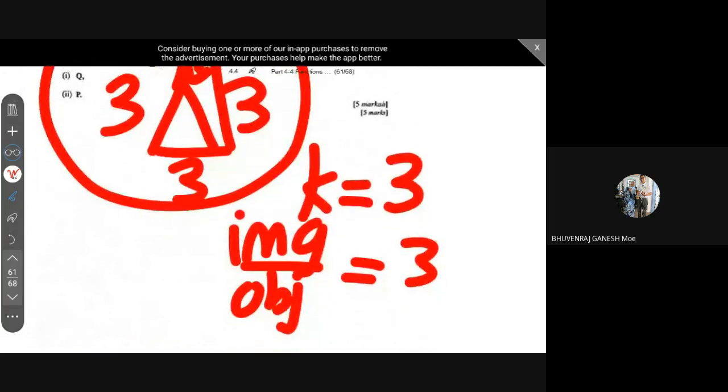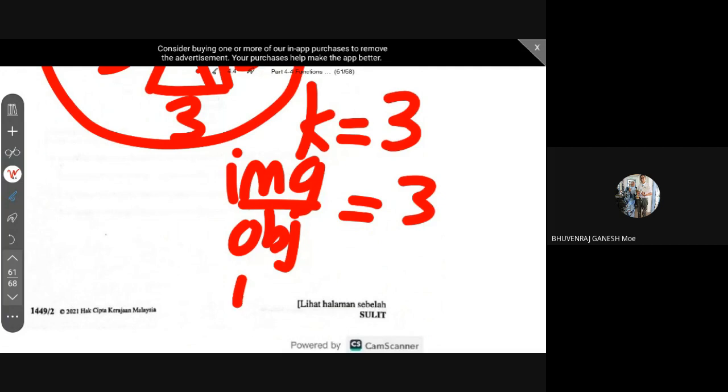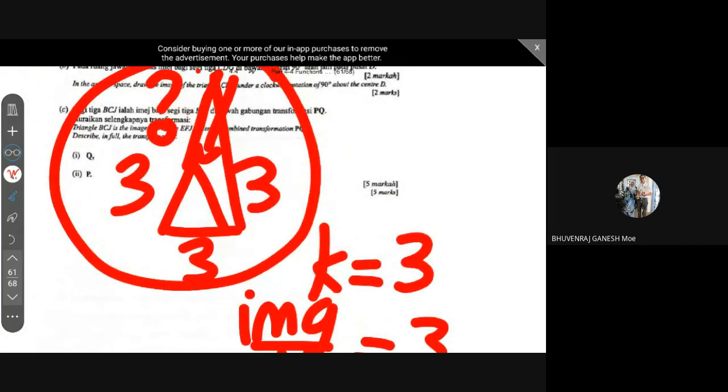Over here, can you tell me what is your object length, based on the diagram on top? What is the object length? You don't need to put greater than 3.